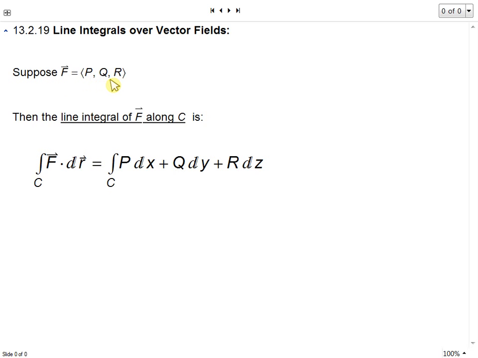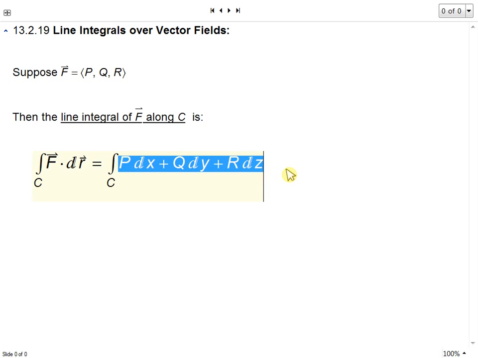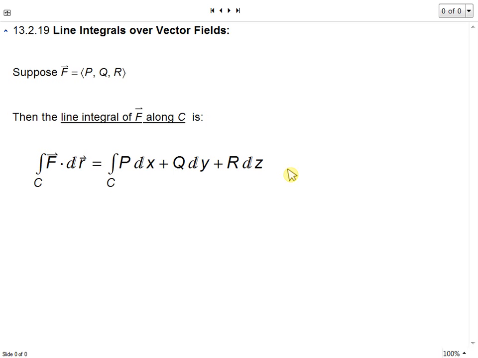P is the x component, Q is the y, and R is the z component. Then when you dot f with dr, you get this. So what really happens here is that you're converting this vector function dotted with another vector function to a bunch of line integrals over curves with respect to x, y, and z instead. You see the difference? Sometimes it's useful to use that formula.